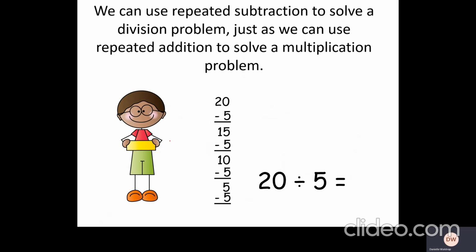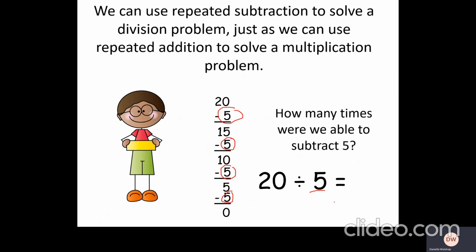Minus another 5 gives me 0, and our goal is to get to 0. Now you're going to go back and count how many 5s you took away. 1, 2, 3, 4. So I could take away 5 four times. So I know that 20 divided by 5 equals 4. And that's how we use repeated subtraction.